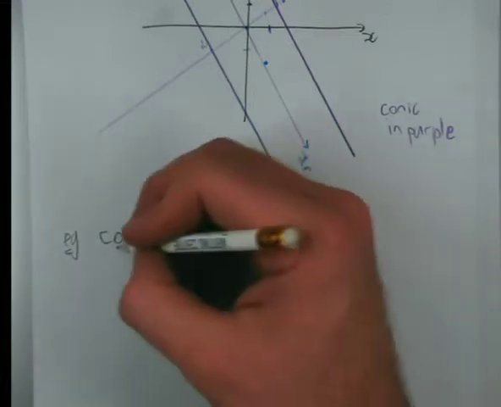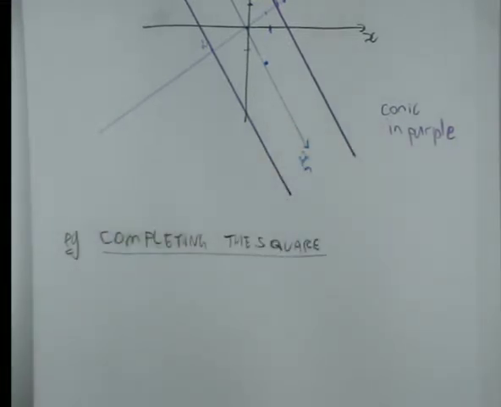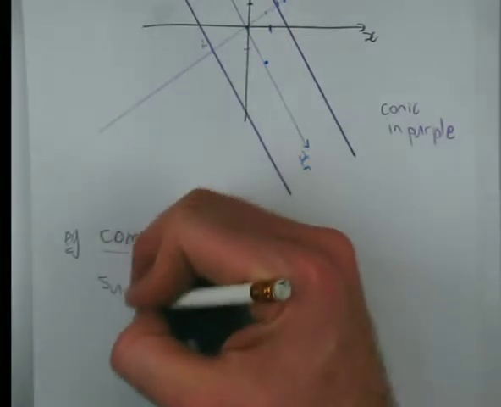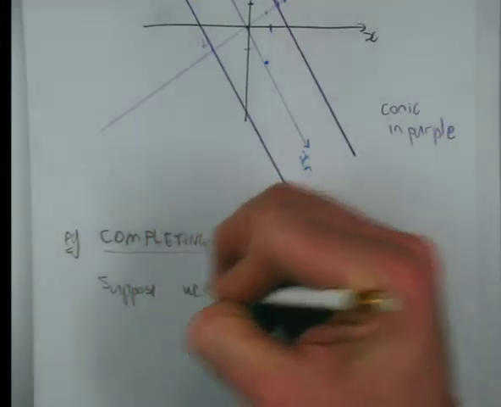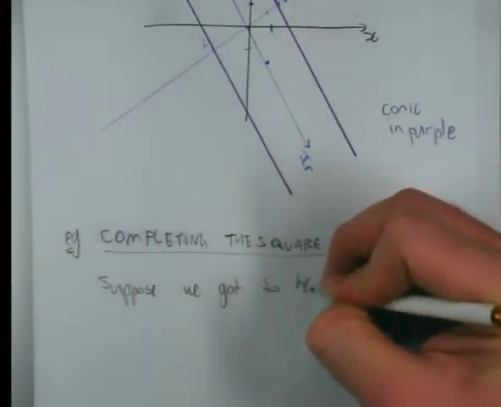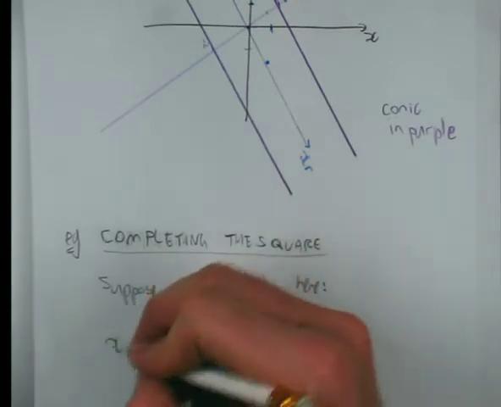So managing completing the square can be quite difficult. And so you'll often get to this stage. So suppose we got to here, right?